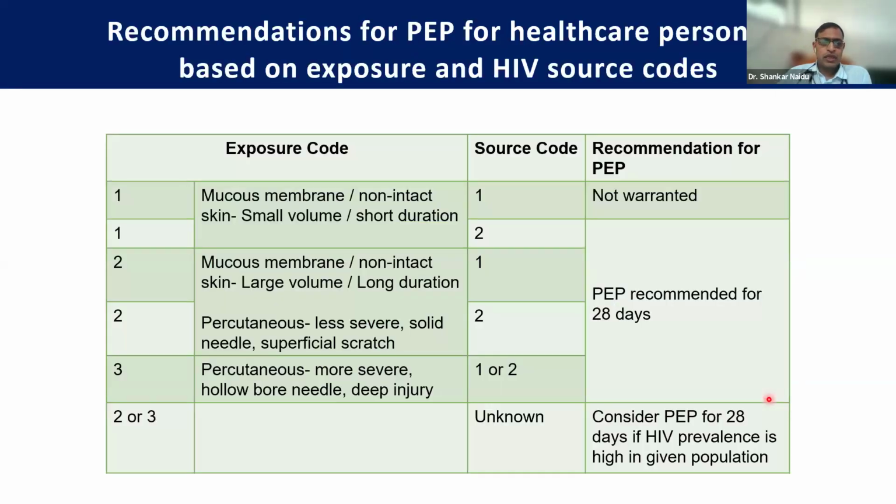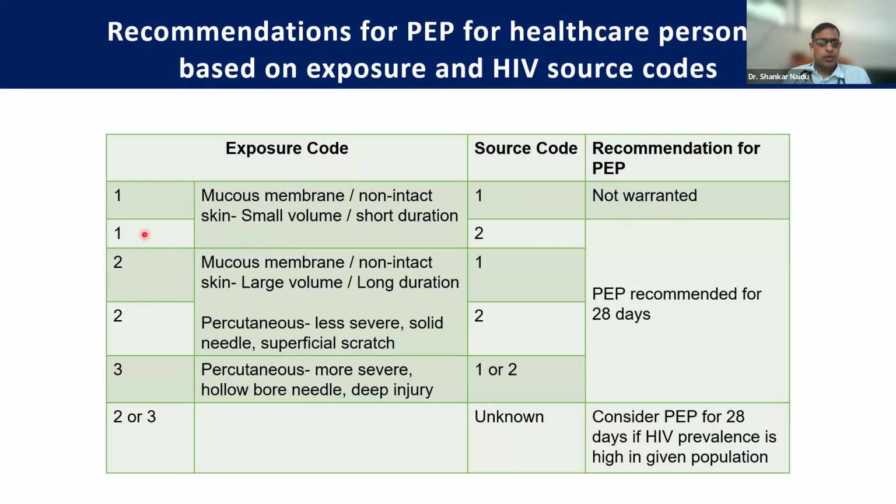Based on these exposure codes and source codes, there are recommendations on whether we have to start PEP or not. So this is the exposure code, and this is the description of the code. For easy understanding, I have slightly modified this table. If exposure code is 1 and source code is 1, then there is no recommendation for initiating PEP.